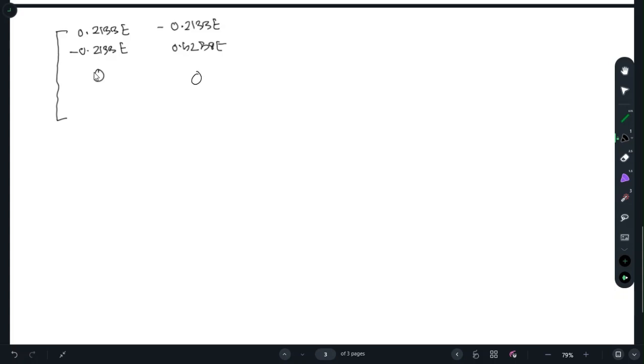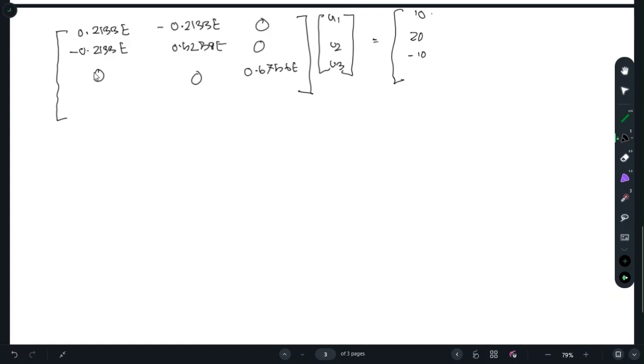The next value is 0. This value is 0, 0. I'm just putting all the values of k, 0.6756. And you have the unknowns E1, E2, E3. And you have a load matrix that is 10, 20, and minus 10.